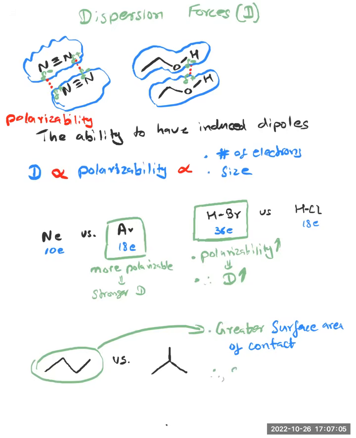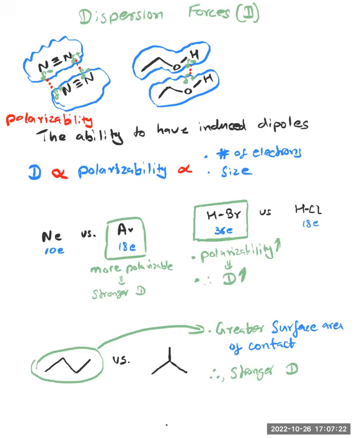Therefore, it's going to have stronger overall dispersion forces in this case, because the only type of intermolecular forces we can have here is dispersion forces, and these dispersion forces will be stronger because you have a greater surface area of contact here.